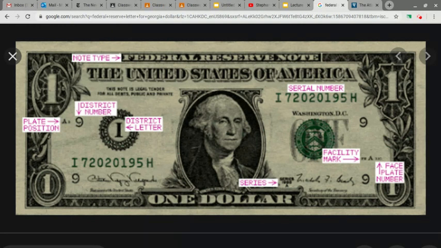The plate position over here, district number. So I believe Georgia is number 6, but I could be wrong. District letter. I think we're F. We'll figure that out by the end of the day. And serial number, facility mark, and series. This says facility mark is A, so we'll figure it out. I'll figure out what district we are in Georgia and what our facility mark is.